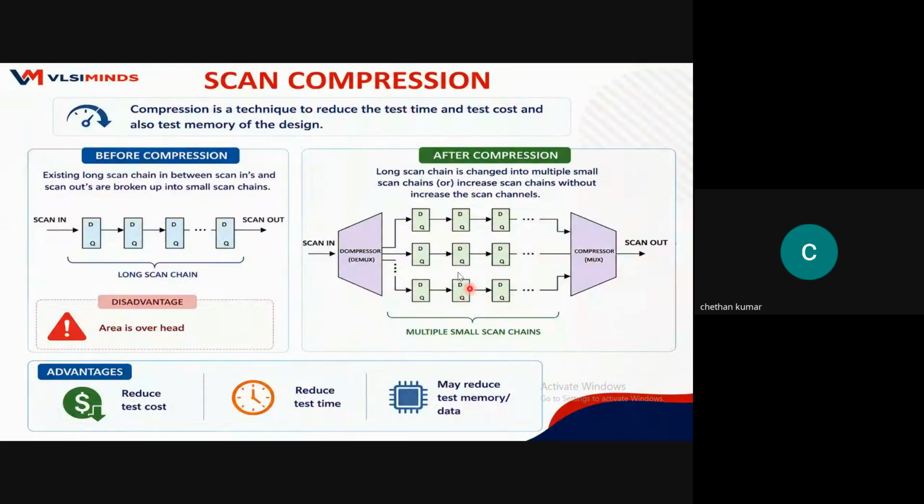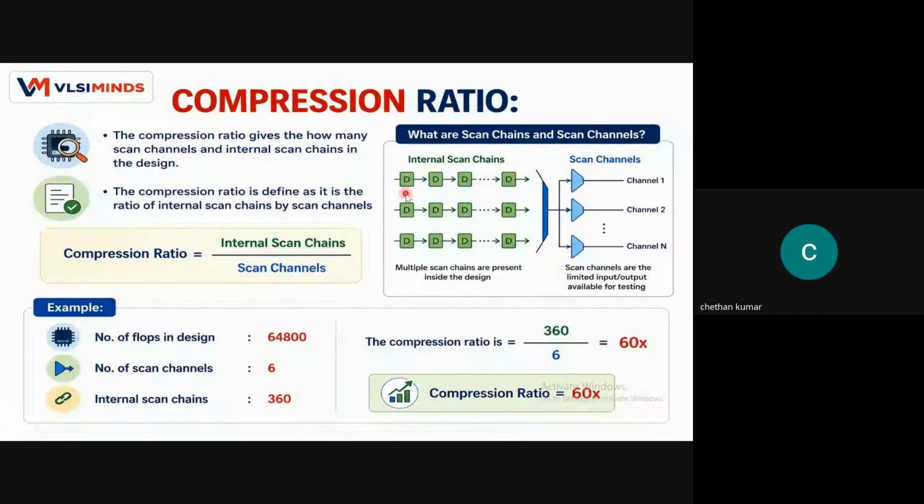These are external channels, which are connected to the input or output. The ratio is called the compression ratio. So how many chains we are connecting to each channel, that is the compression ratio.